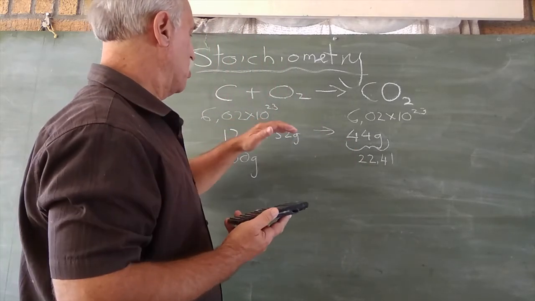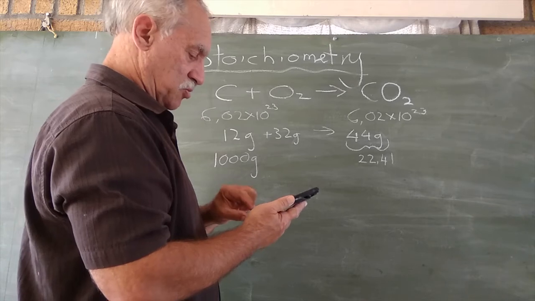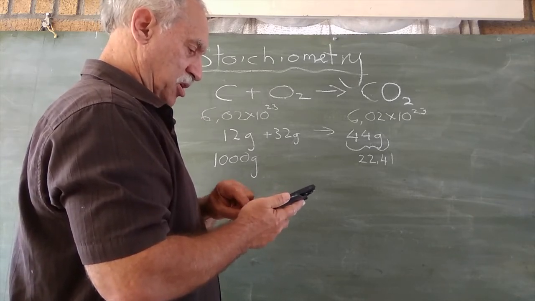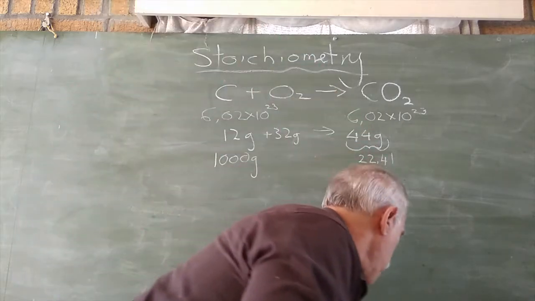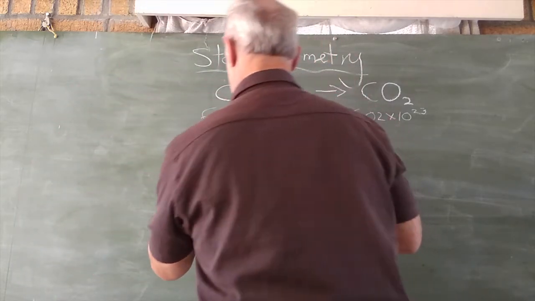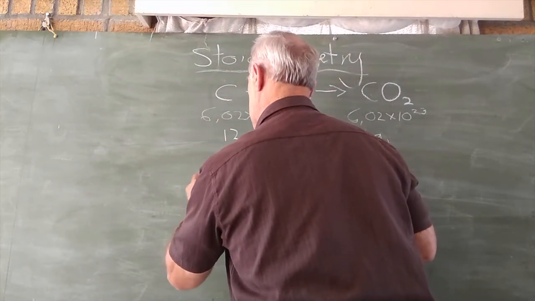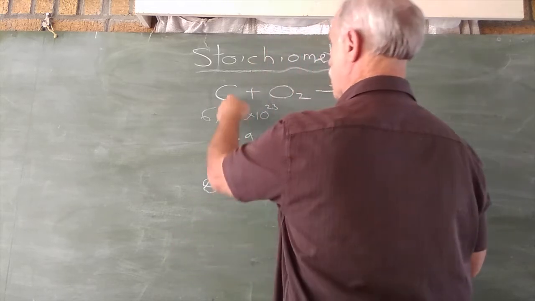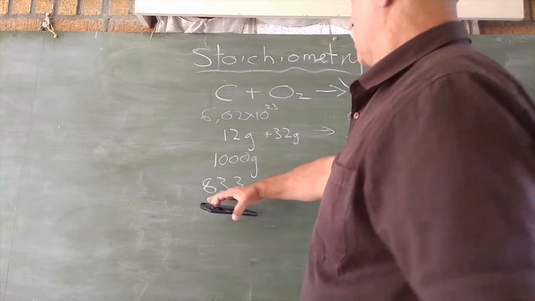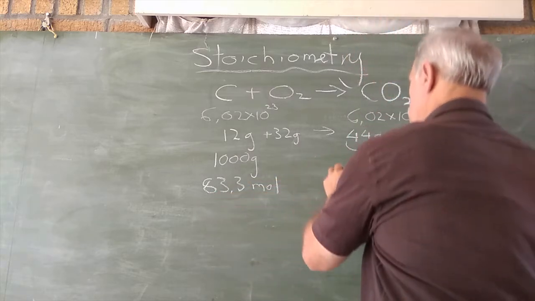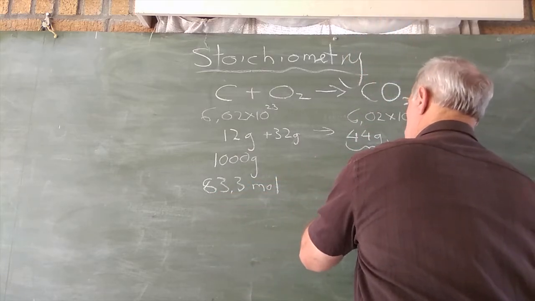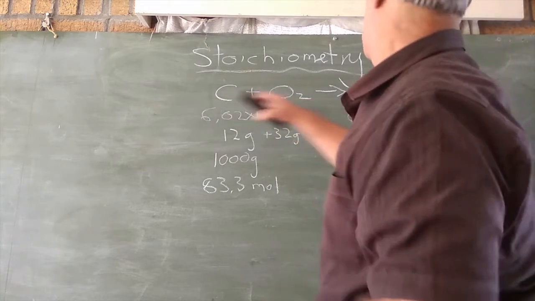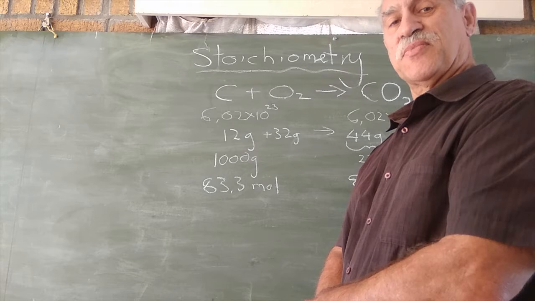If 12 grams equals 1 mole, then 1,000 grams equals 1,000 divided by 12, which equals 83.3 moles. With 83.3 moles of carbon in our braai, we're now going to produce 83.3 moles, 1:1 ratio, of CO2 gas.